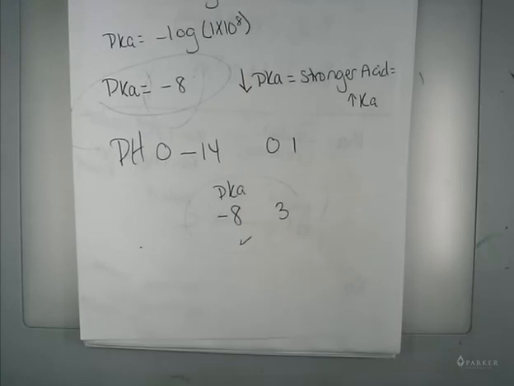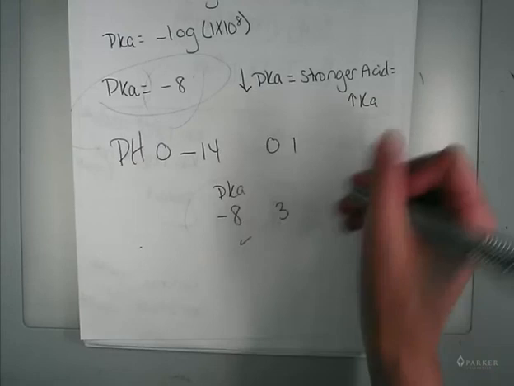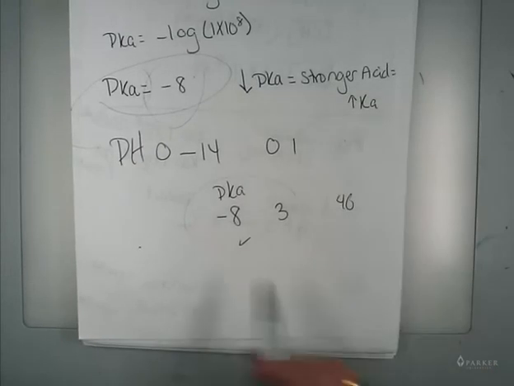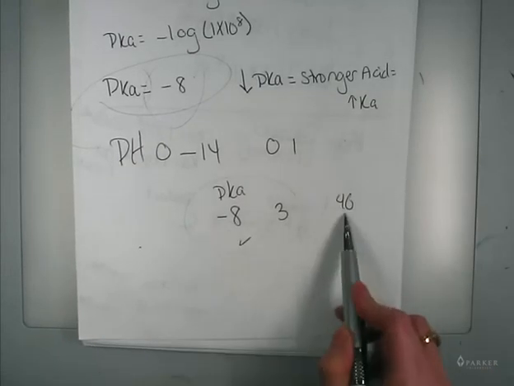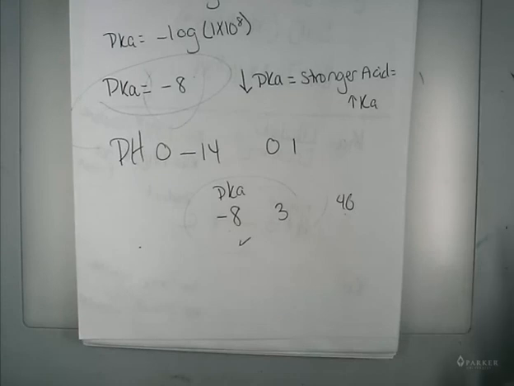Okay, so pKa, you see it a lot in organic chemistry, because it helps you understand the differences in the number. So for example, if you have a negative number, you have a very strong acid. A base like sodium hydroxide, depending on the concentration, you might have maybe a pKa of 40. Okay, so I have a negative 8 versus a 40. Do you see that that's a huge difference between a very strong acid and a very strong base?